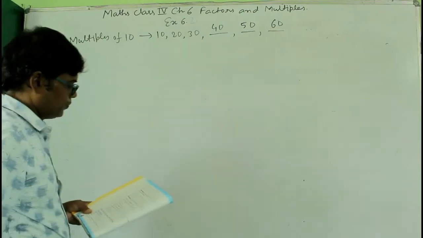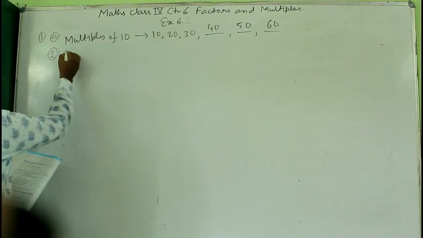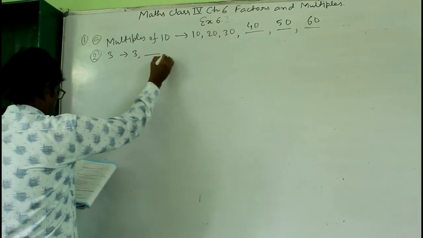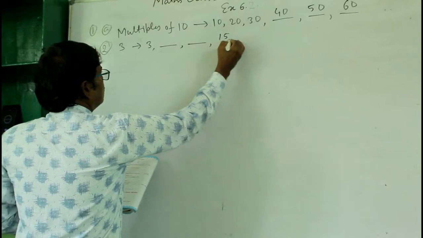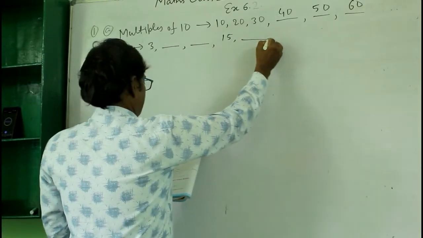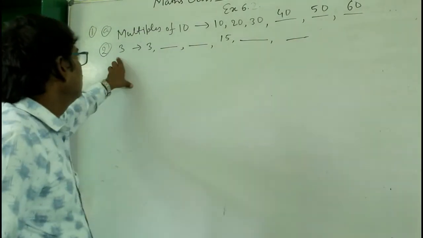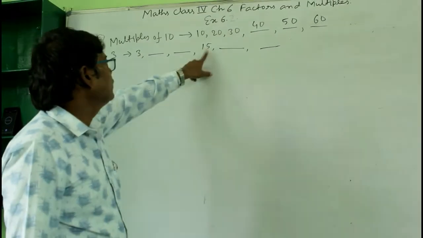Question number 2. Observe the numbers and fill in the blank. Like 3, then arrow, then 3, comma, dash, dash, then 15. Like this. Here we have to write the multiples of 3. See here, 3 5s are 15.